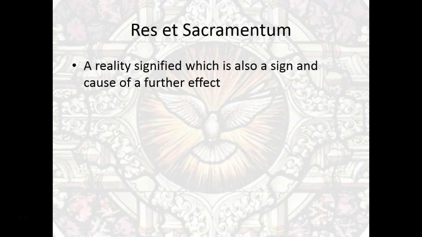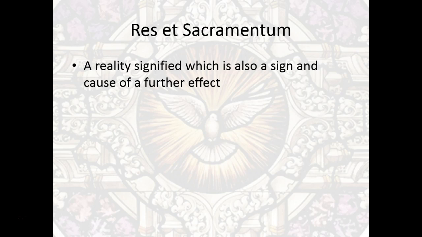As far as the sacramentum tantum goes, the outward sign, in relation to that, this is a res. This is an effect. This is a thing. It's a reality. So the outward sign of water and the pouring of water in the Trinitarian formula, that outward sign has the effect, brings about the reality of the sacramental character in baptism. However, that sacramental character in baptism is also a sign, sacramentum, of a further reality.